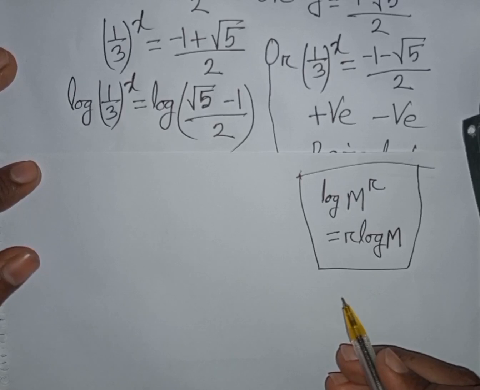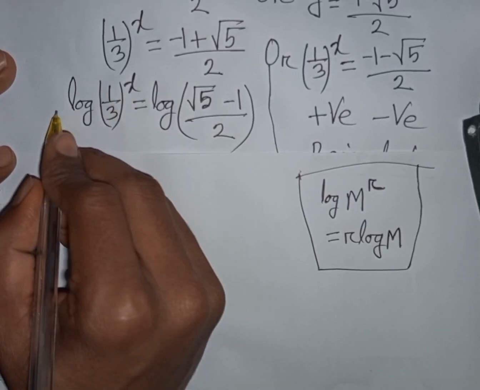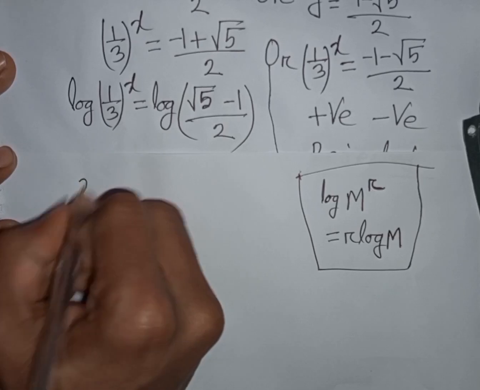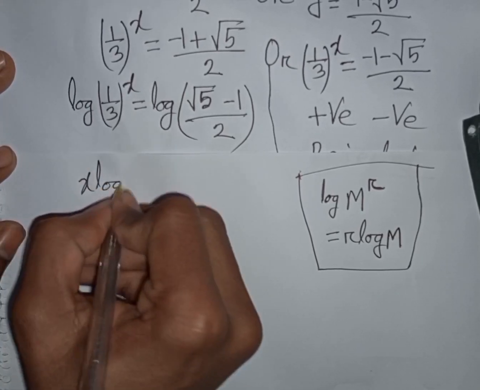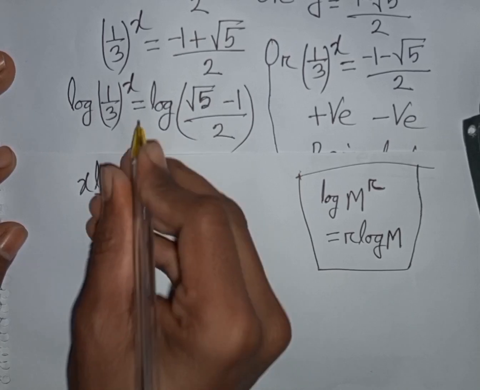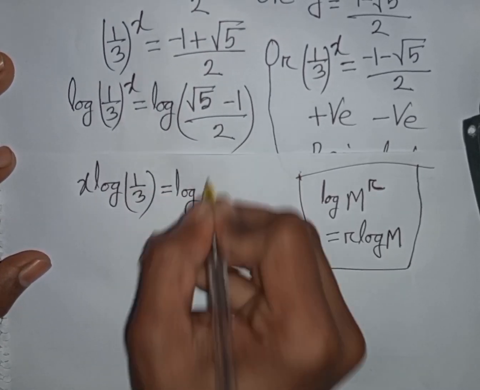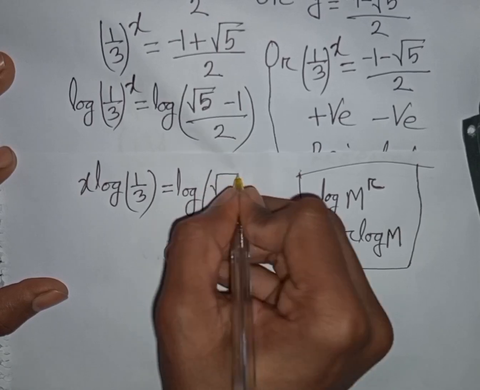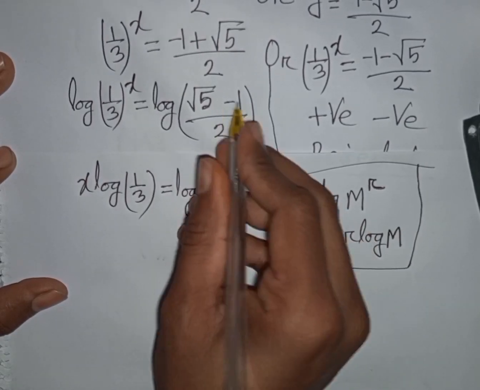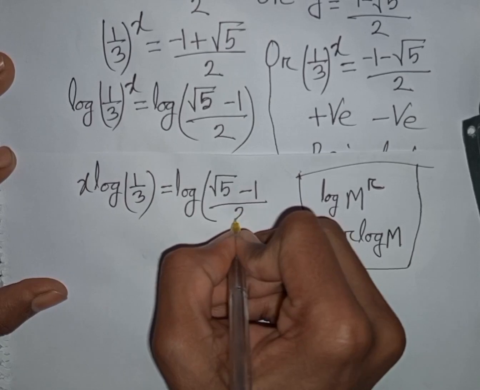So according to this rule, this power x will move to the front. So you can write x log (1 by 3) is equal to log of (square root of 5 minus 1) divided by 2.